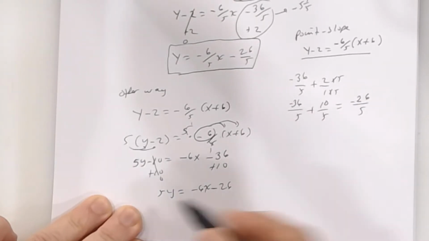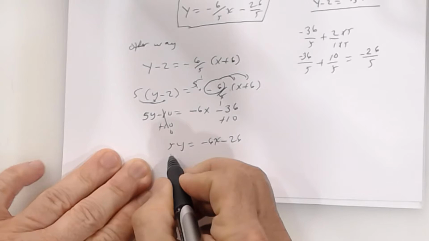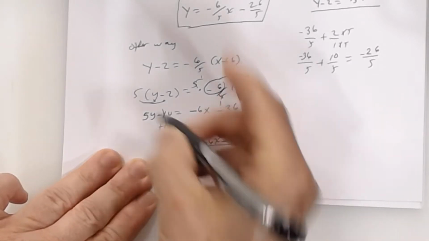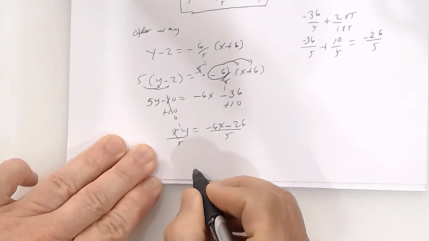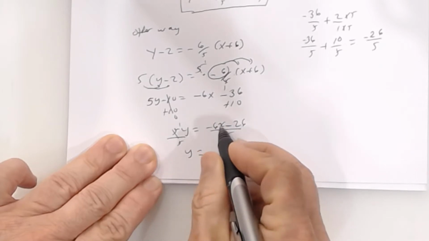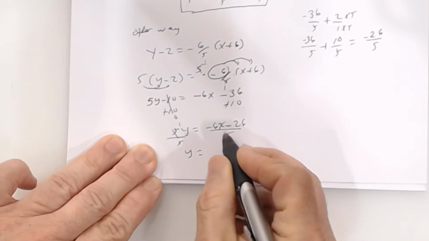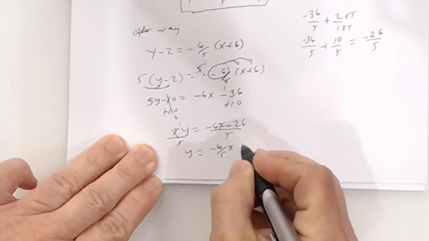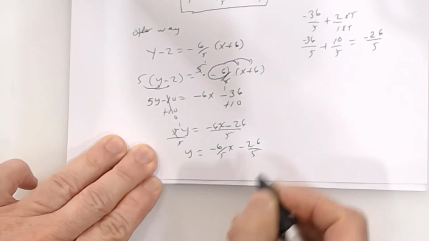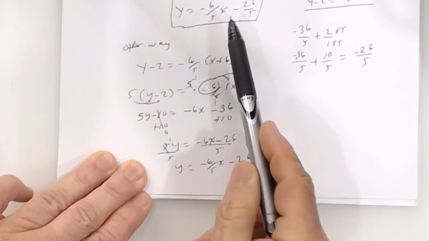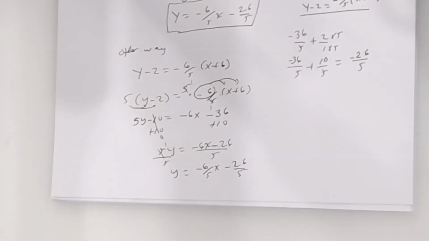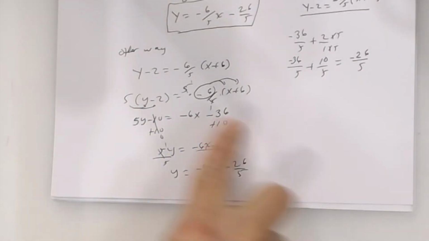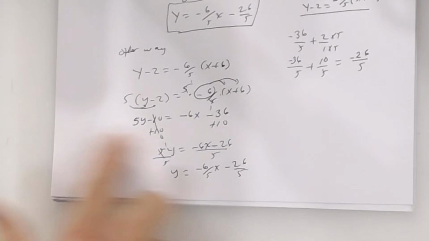This numerator. And then finally, what's the next step? Divide by 5 and write it as two fractions. So I get y equals negative 6x over 5, or negative 6/5 x, and then minus 26 divided by 5. And that's what we had here. So either approach is fine. You really need to know both. Because this approach involves what you learned on the first test, clearing fractions.